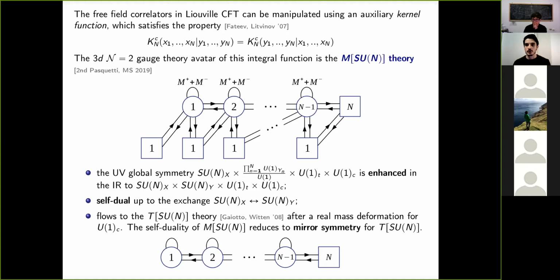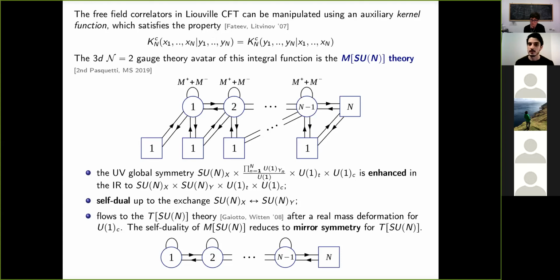This is a function which has a definition in terms of a very complicated complex integral, but despite being complicated, is exactly of the same type that we get from the limit that I mentioned before of the S2 times S1 partition function. This kernel function that I'm calling K has a remarkable property. It depends on two sets of parameters, X and Y, and it is symmetric under the exchange of these two sets of parameters.